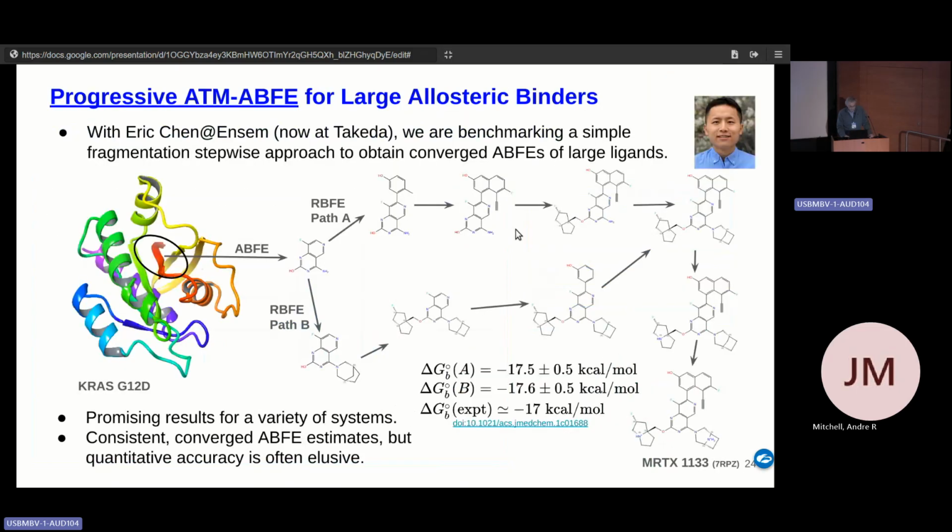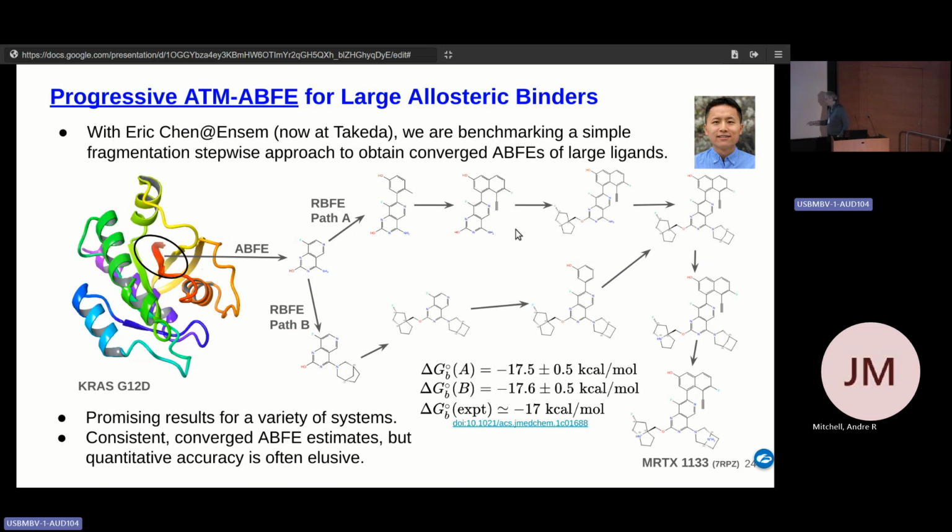And last thing, we're revisiting ABFE calculation by what we call progressive. It's not a new idea. Let's say you want the ABFE of a humongous ligand. These are the macrocyclic compounds of KRAS G12D. And you do ABFE of a fragment, and then you do a series of RBFE to build up the big ligand. And it kind of works.